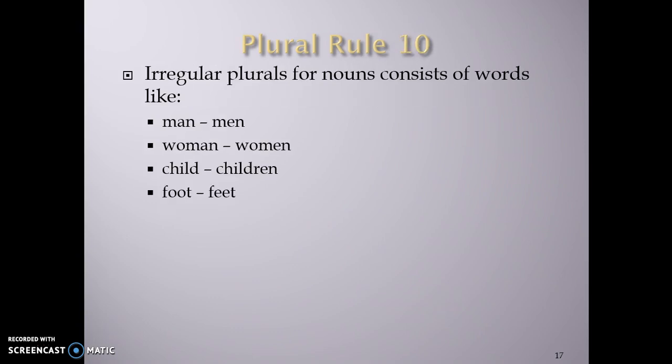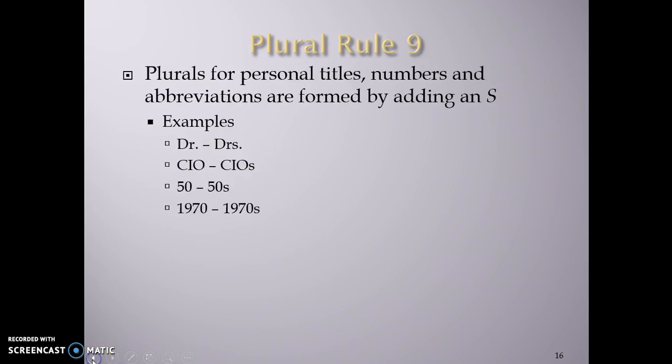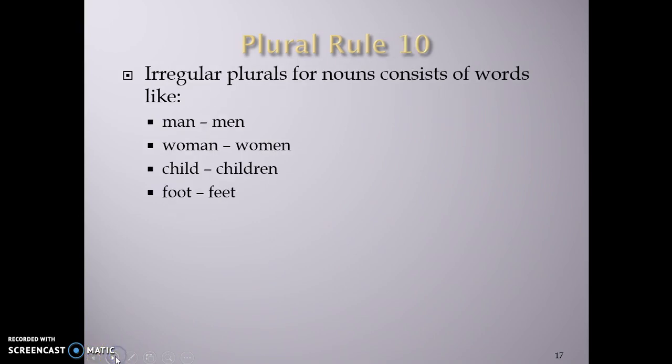Rule number 10. Now this one is very significant because you have what we call irregular plurals. Irregular plurals are nouns that you cannot add an S to make plural.